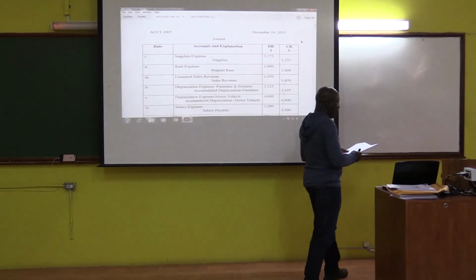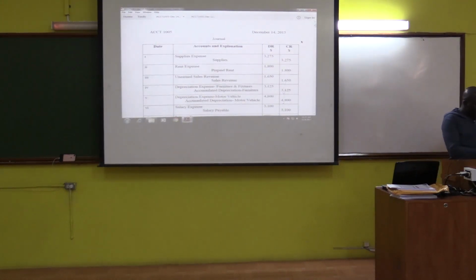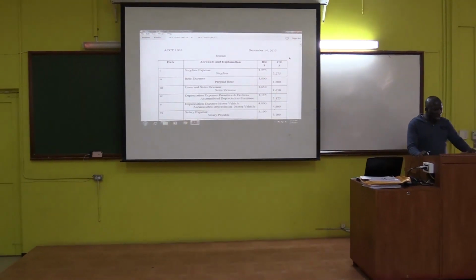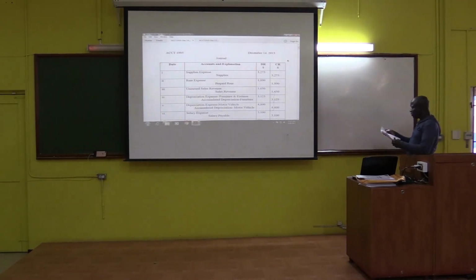So going back to the notes on this question paper, it said 1/6 of the supplies remained on hand. So since it says 1/6 of the supplies remain on hand, first thing first, let's look at the adjustment.